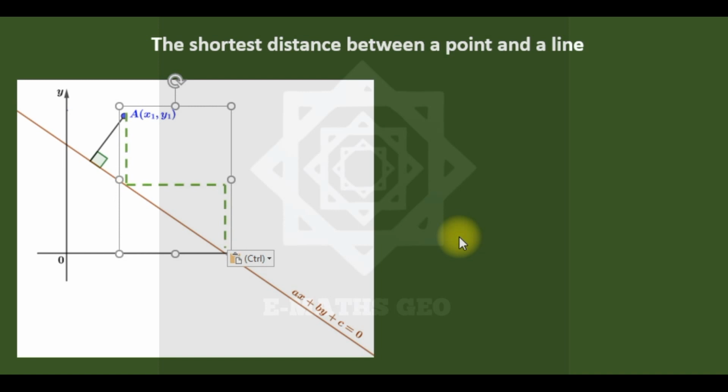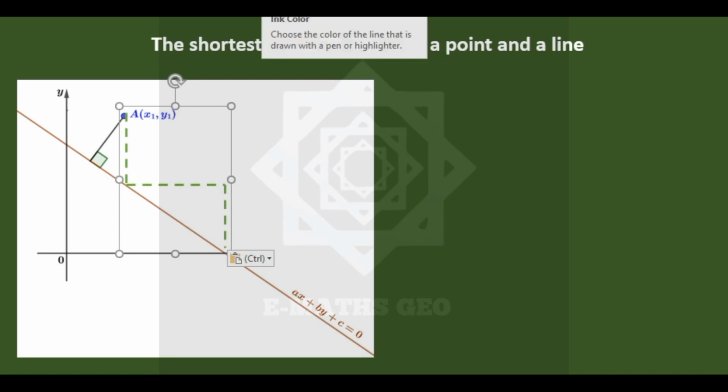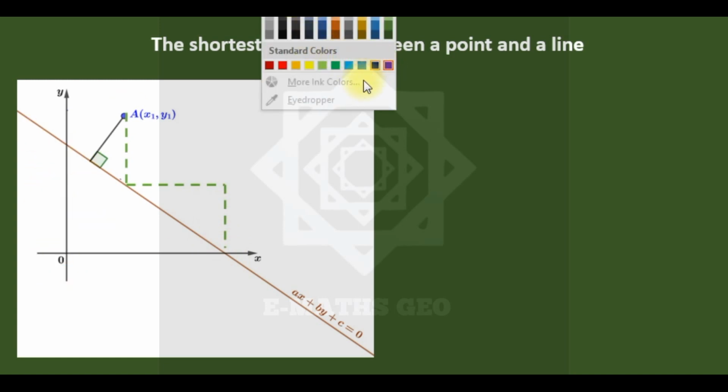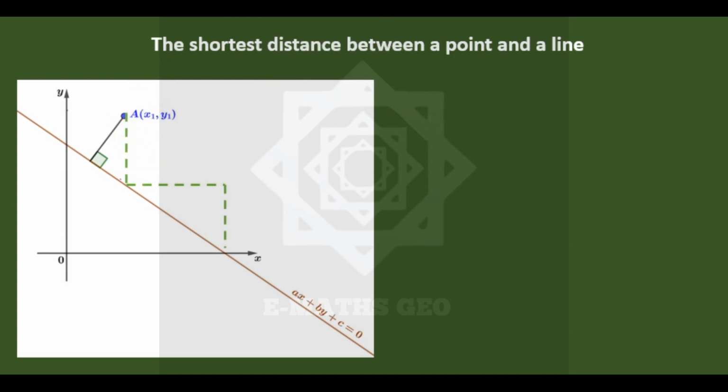Okay, we've drawn the line that is parallel to the y-axis. These two lines are parallel to our y-axis.